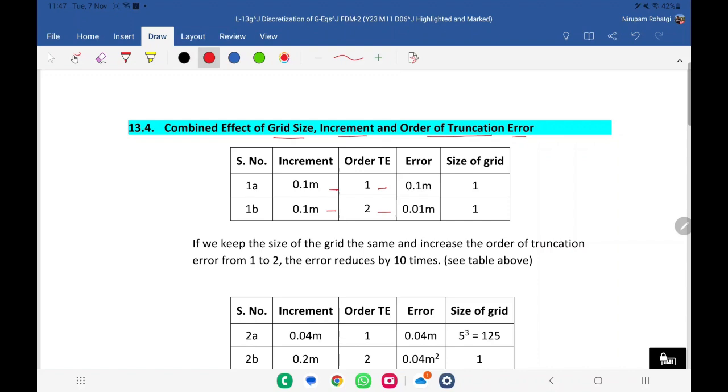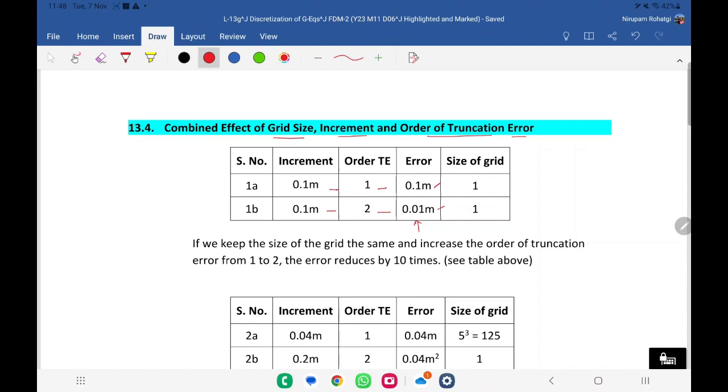Now what will happen? The error will be squared. In the first case it will be the first power of delta x. In the second case it will be the second power of delta x. So what will happen? Your error will go down 10 times. So the grid size remains the same, and just by increasing the order of truncation error, you can increase the accuracy.